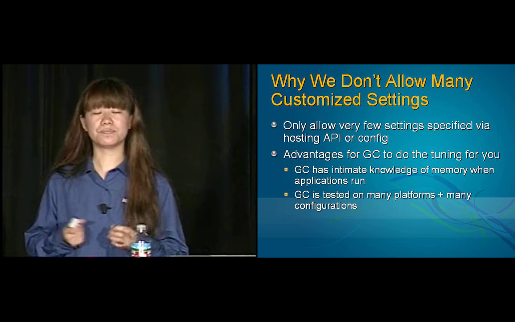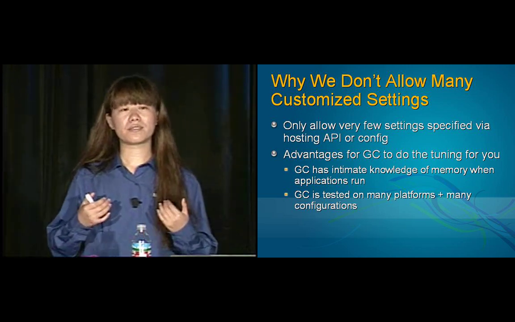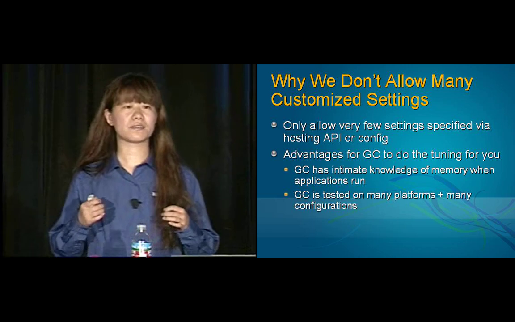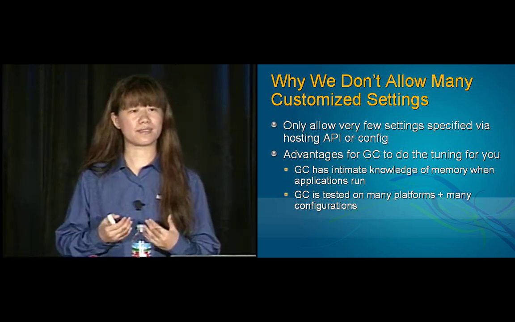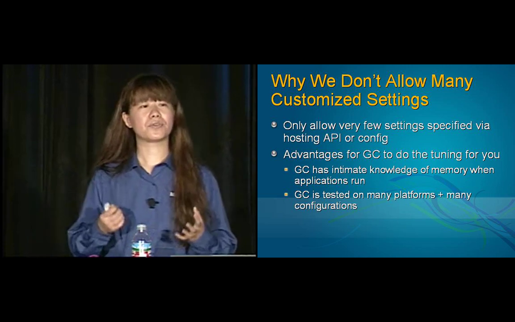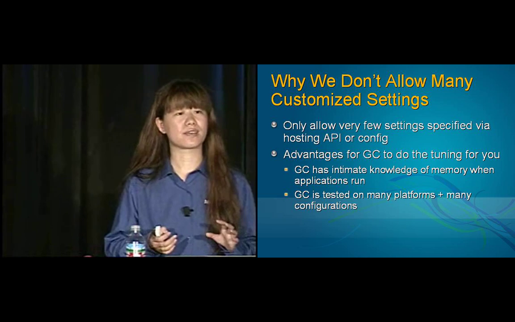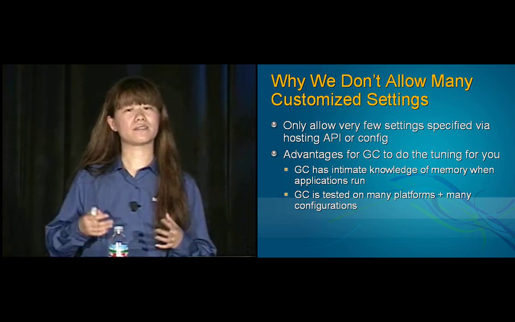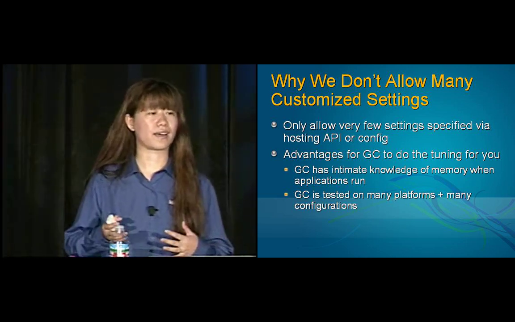completely intentional, because we believe that when the process is running, GC has the most intimate knowledge of the memory usage in the process, so it's the best equipped to do the tuning for you. So GC dynamically tunes itself to accommodate the memory pressure, how many objects you have in each generation, stuff like that.